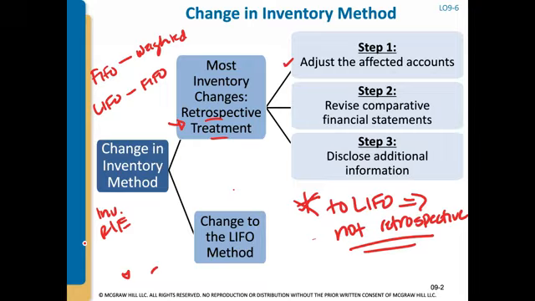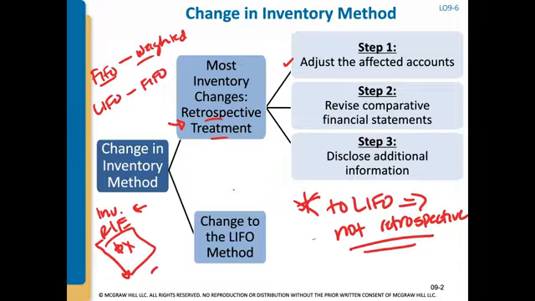So you're going to calculate, let's just say we're going from FIFO to weighted average. If I had used weighted average all along, my cost of goods sold in the prior years in total would have had an X dollar effect on my retained earnings. We have to record that in the current year.